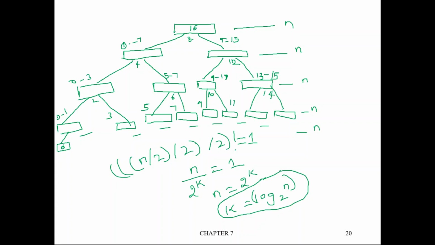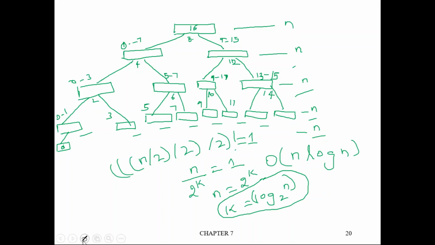The tree will have log n to the base 2 levels, and in each level we have to access n elements, so the worst case time complexity is n log n. That is the reason the worst case time complexity is order of n log n.